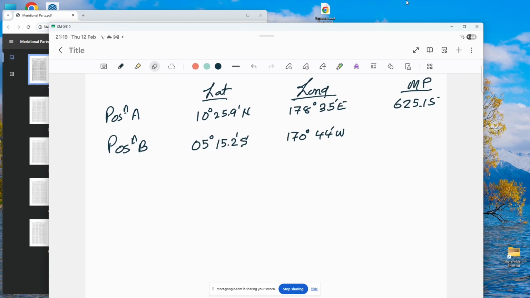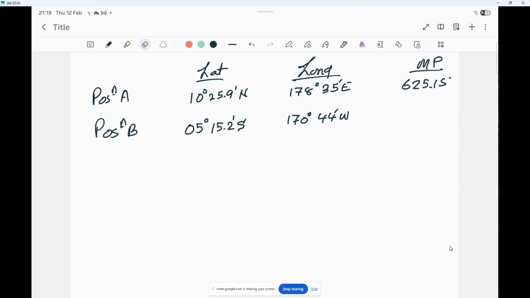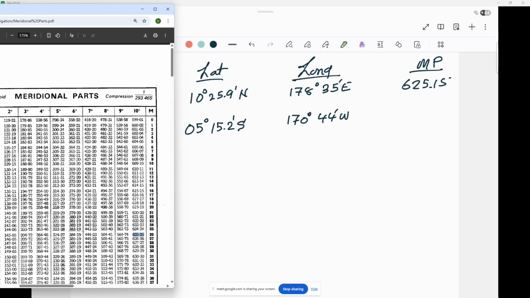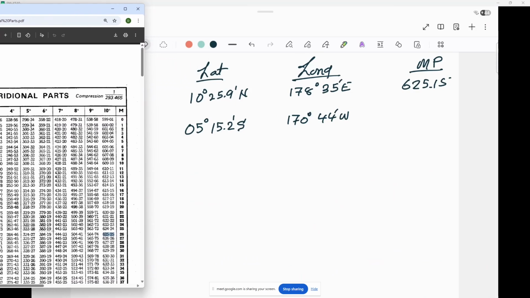Can you all see my screen? Alright. So what we need to find out is 5 degrees 15 decimal 2. 5 degrees is in this line, and 15 is here. So it is 313 decimal 30 and 314 decimal 30.